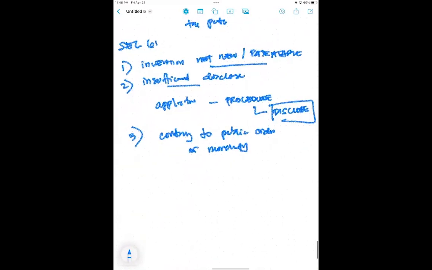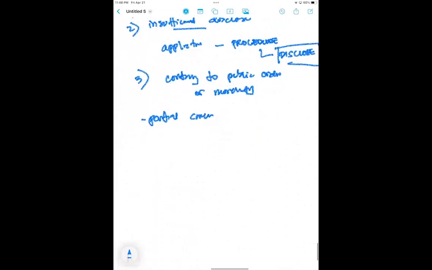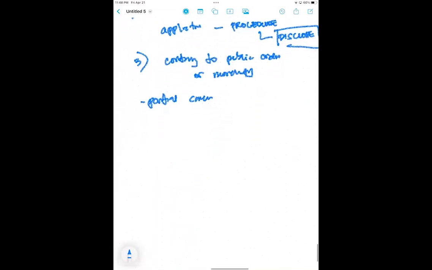Now, section 61 also says that pwede naman yung partial cancellation. Right? Pwedeng hindi buo yung patent yung ma-cancel, only a part, then that's possible. Now, the syllabus also contains the topic remedy.